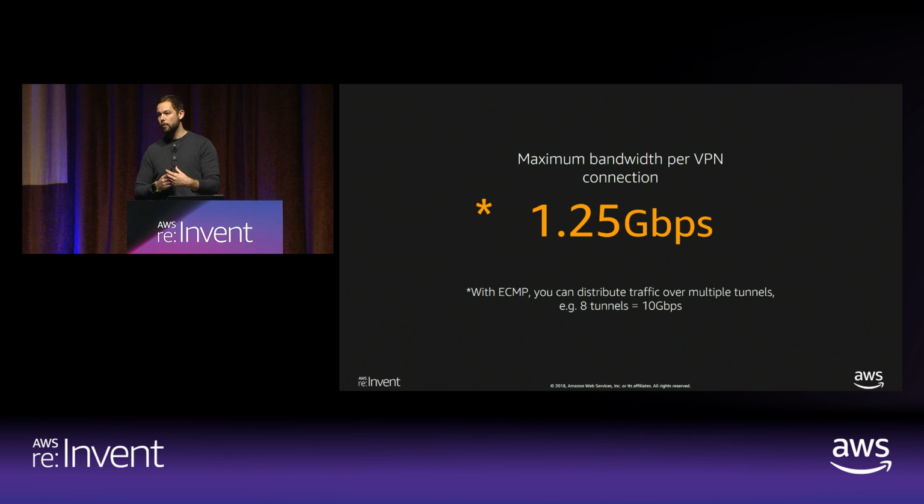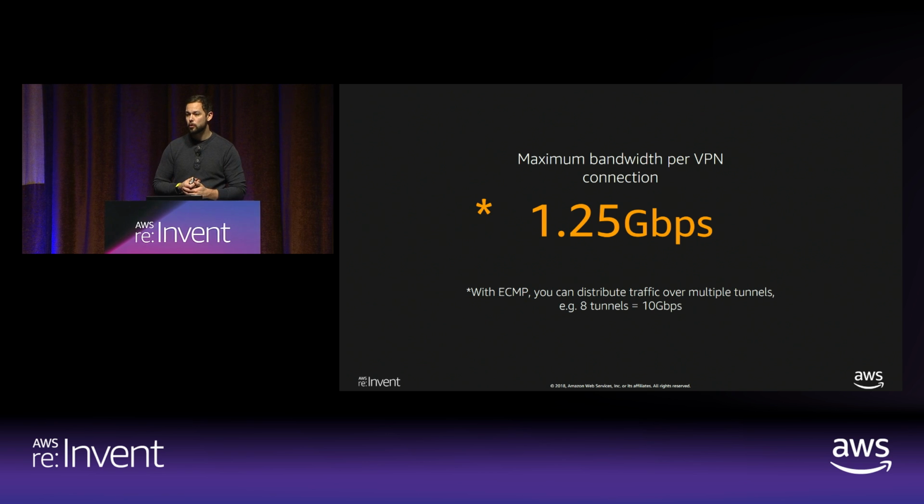We will equal cost multipath across those. And if your device on premises supports equal cost multipath, you can do the same, and you can actually scale out like that. We've actually done tests up to 50 gigabits per second just on one of our internal accounts. Right? I mean, that's pretty awesome. We haven't seen that kind of scale with VPN on the VGW before.